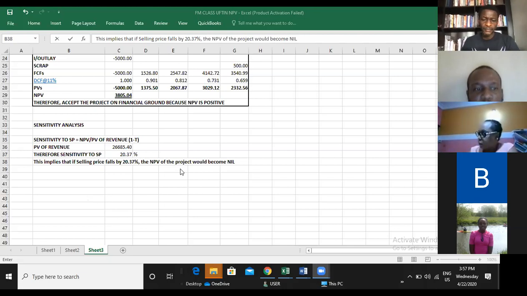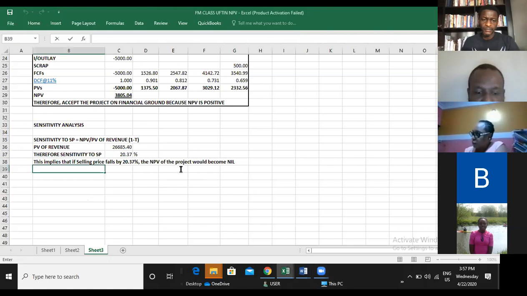That still implies that if the selling price falls by more than 20.37, what will happen? Reject the project. The NPV will become negative.